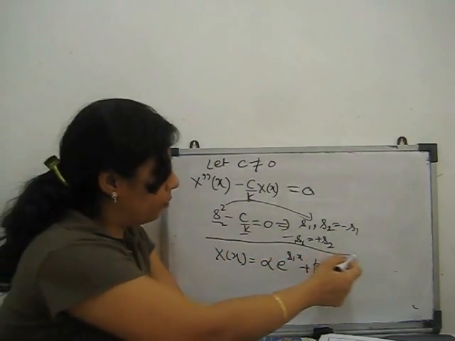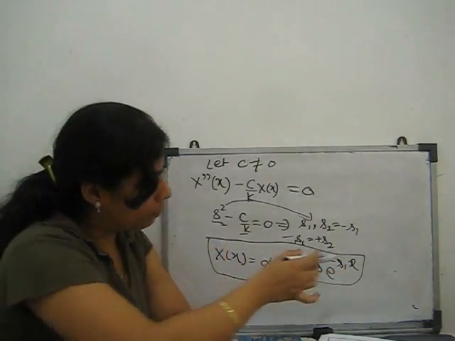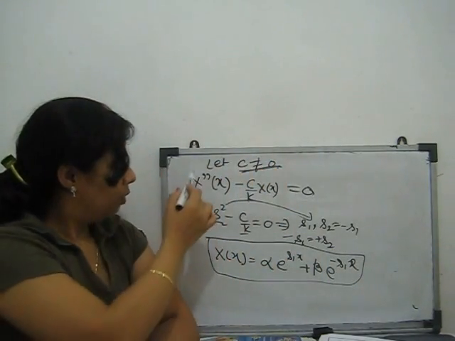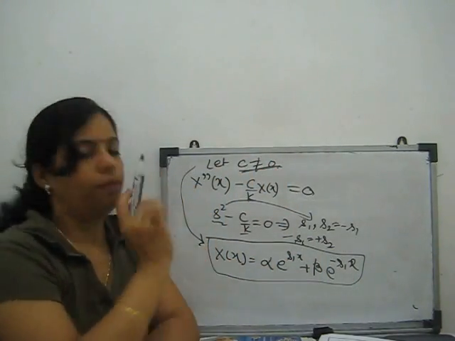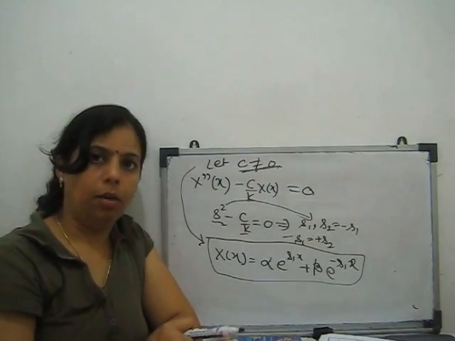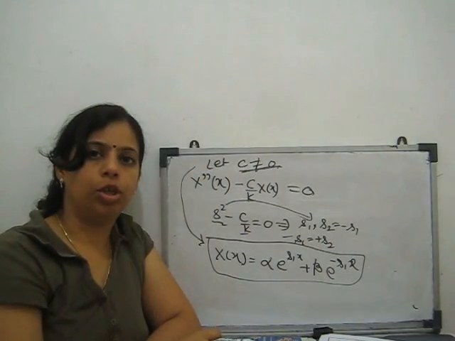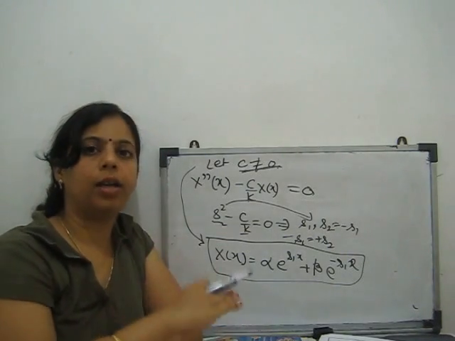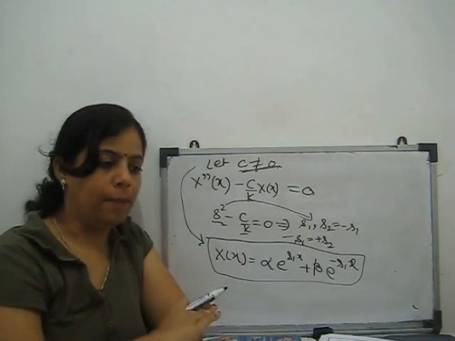Clear? So when we consider c not equal to 0, we will get the value of X, because when we consider c equal to 0, the value of X also becomes 0 and we don't find any solution.